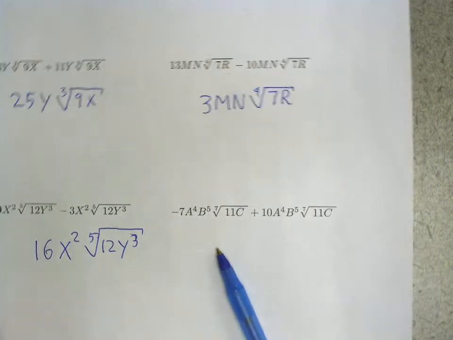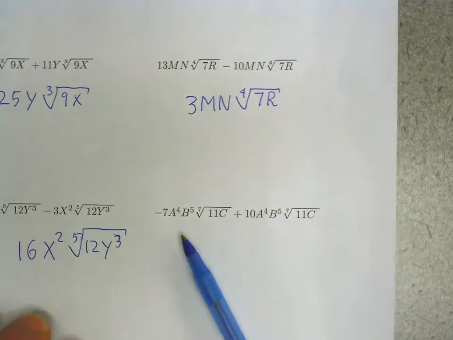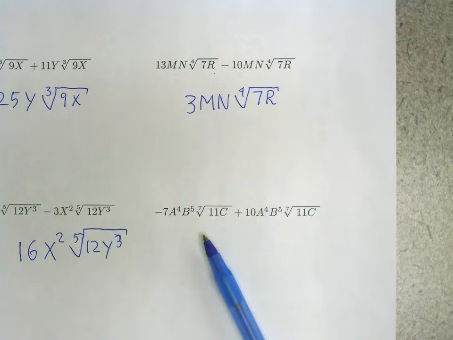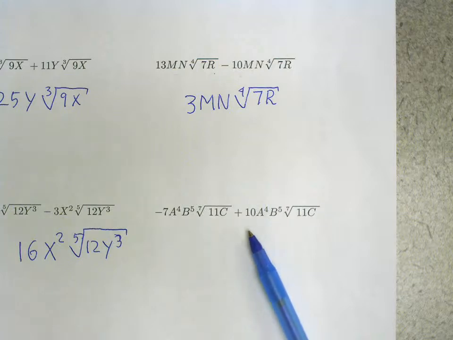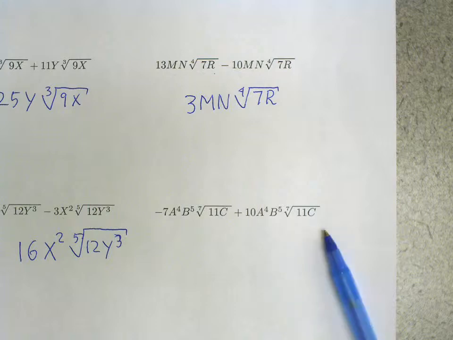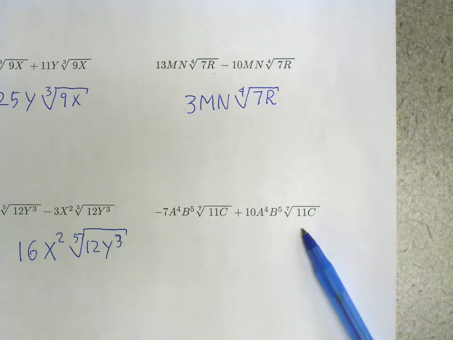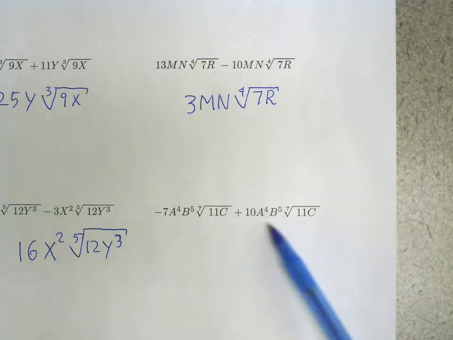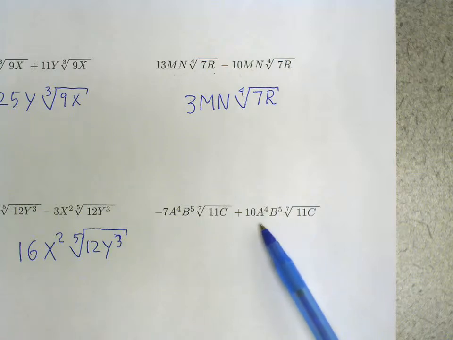Okay, the next one, negative 7a to the fourth times b to the fifth times the seventh root of 11c plus 10a to the fourth b to the fifth times the seventh root of 11c. The seventh root of 11c cannot be simplified any further, and both terms have that same radical, but also on the outside of the seventh root, each of the terms has b to the fifth and a to the fourth.